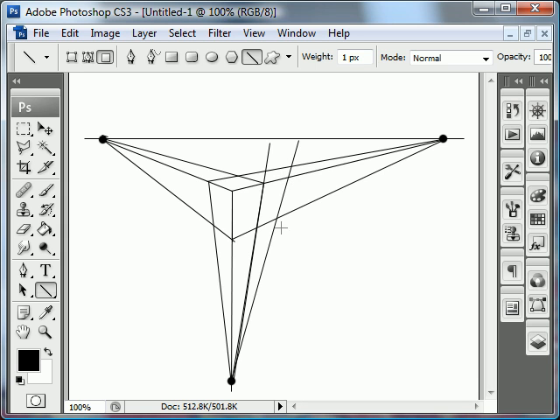because these edges here, the verticals of this box, are edges that we know to be parallel to each other in reality.